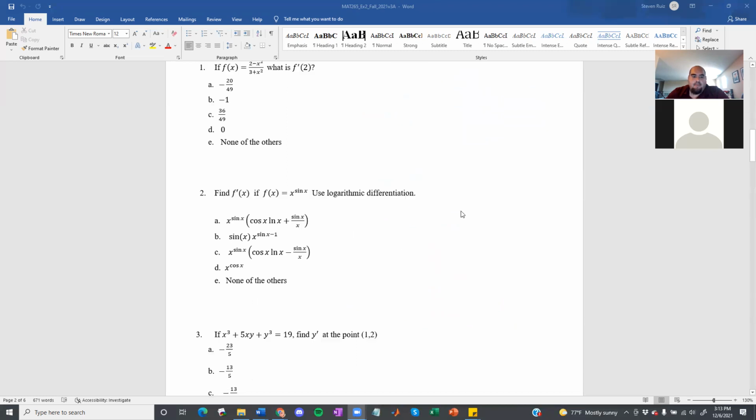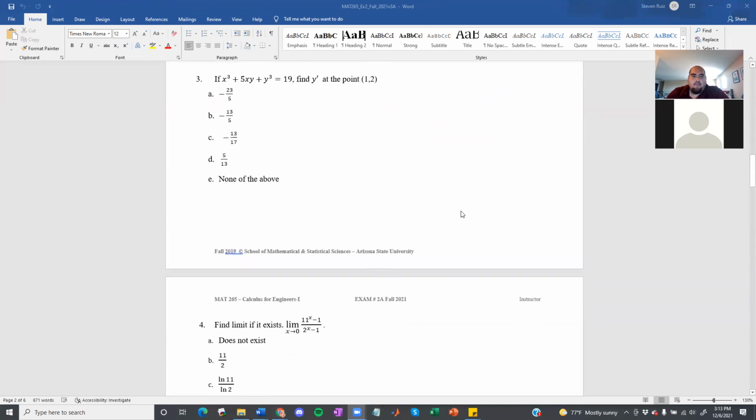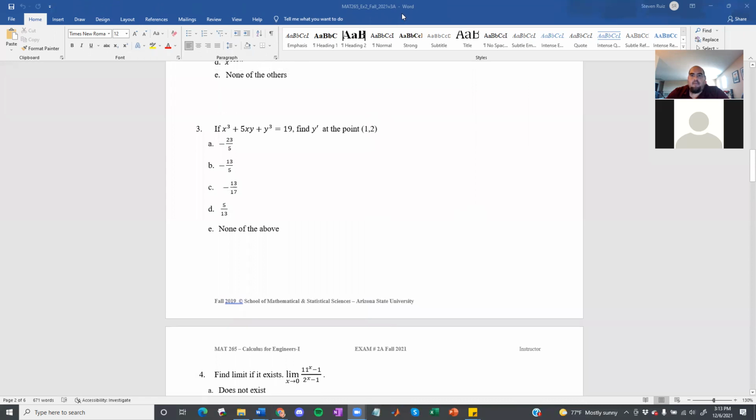And then moving on to the next one, x cubed, so we'll take the derivative: 3x squared, plus 5x dy/dx, plus 5y, plus 3y squared dy/dx, and all that is equal to 0.